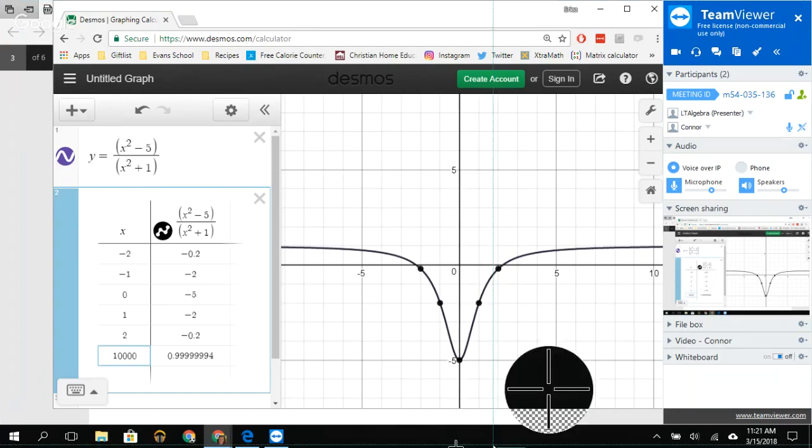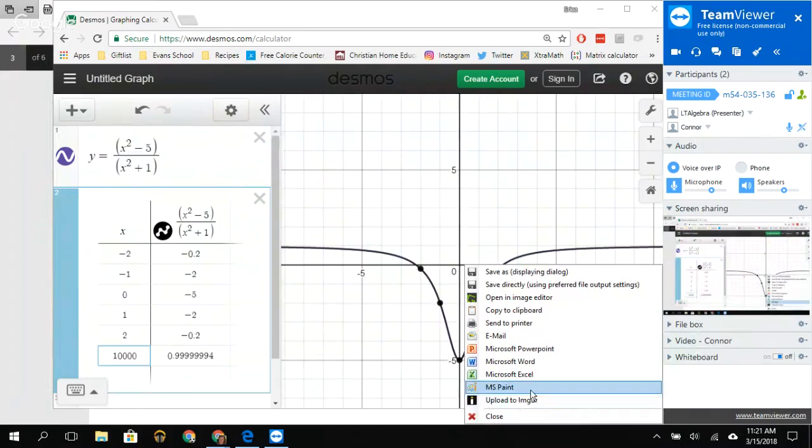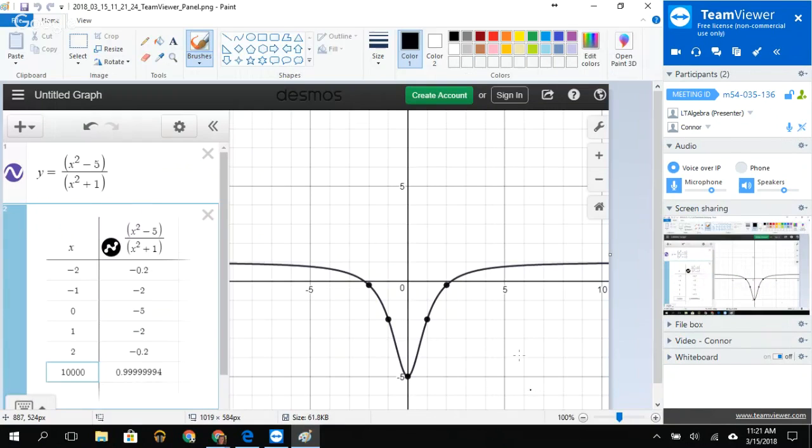All right, so if I print screen, okay, it doesn't look like I have any vertical asymptotes, but it does look like I have a horizontal asymptote at y equals 1. It looks like there's an asymptote there. And then it looks like my graph can never go lower than -5.